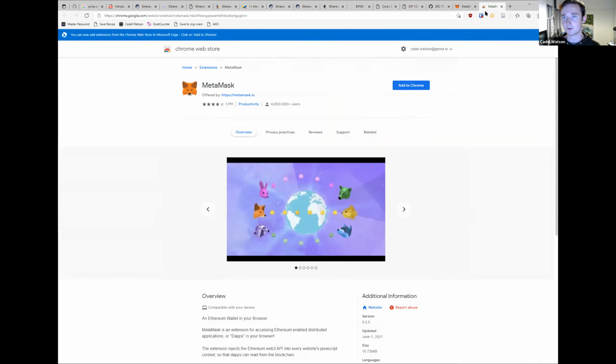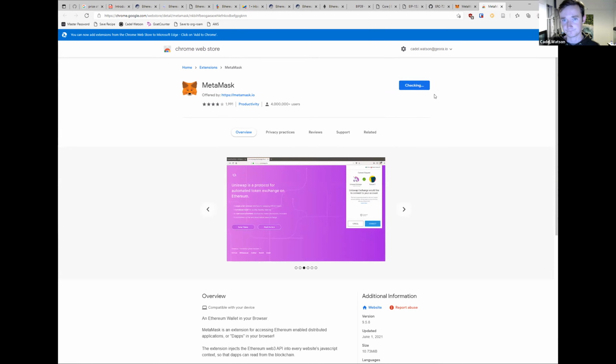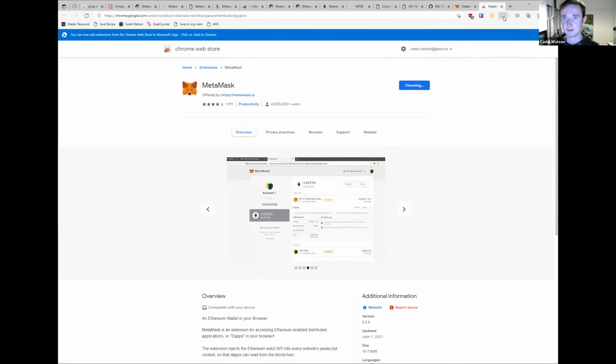So I'm on Chrome or I'm on Edge. This might look slightly different if you're on Firefox, but it's pretty much the same thing. What you want to do is install this browser extension. And once it installs, you'll see it pop up here.